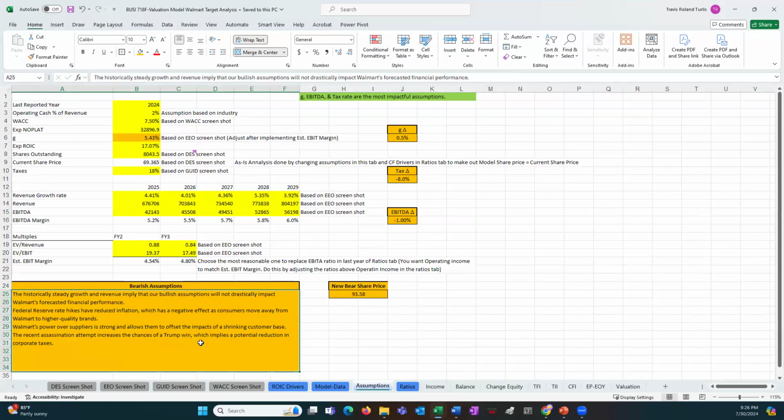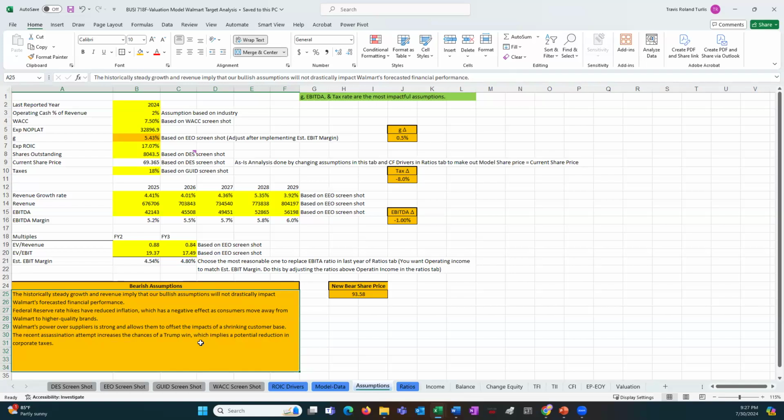We say that Federal Reserve rate hikes could potentially reduce inflation, but that will actually have a negative effect as consumers move away from Walmart's cost-based business model towards higher-end brands. We were talking about people who could have been priced out of Target during high inflation and low consumer power can now return to that kind of brand as opposed to shopping at Walmart.